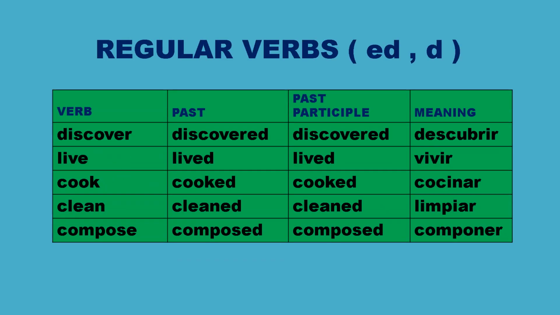Of course, we have a regular verbs list. Remember, the rule in these verbs is that we use ED and the D in the past forms. So pay attention. Okay? Now please repeat after me.